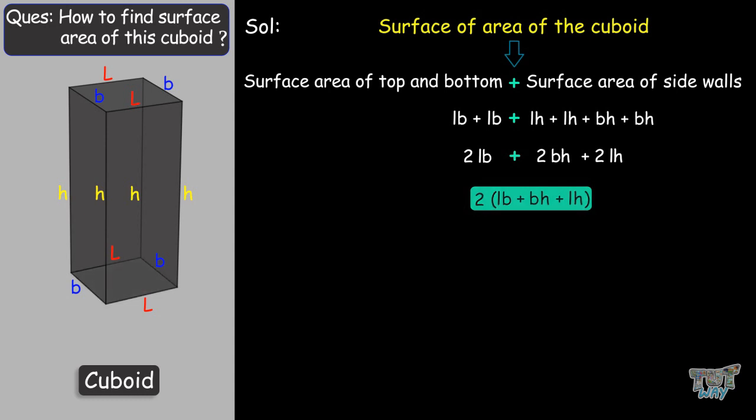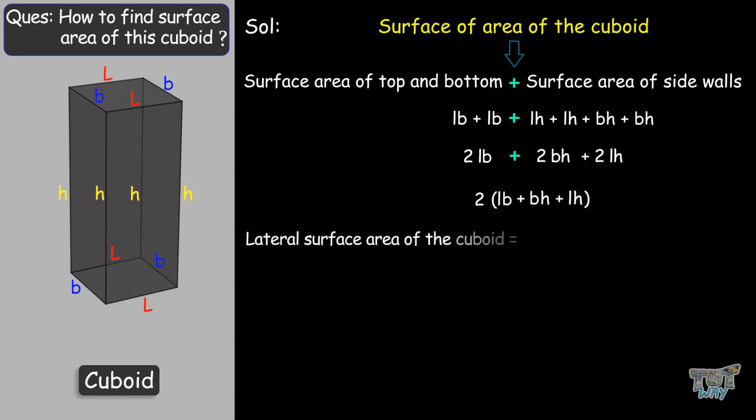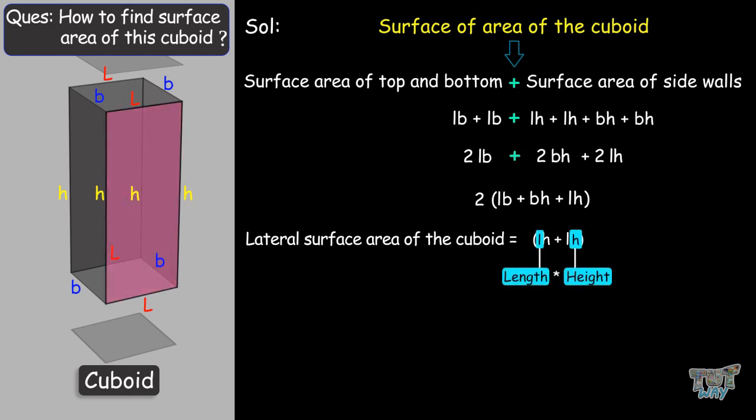Now what will be the formula for finding the lateral surface area? Lateral surface area only means the area of the sides, excluding the top and bottom. So it'll be length times height plus length times height.